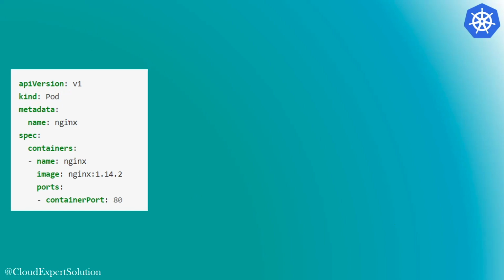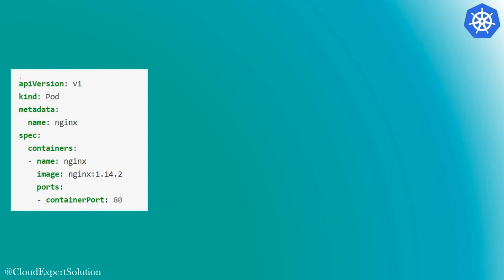Then the metadata, inside metadata we provide the name, what is the name of the container, followed by the specifications where we are providing specification for the container, what is the name or what software I am running, what is the image, and you can see that this is the Docker image we are running, what is the port, that is the container port is 80 for us.